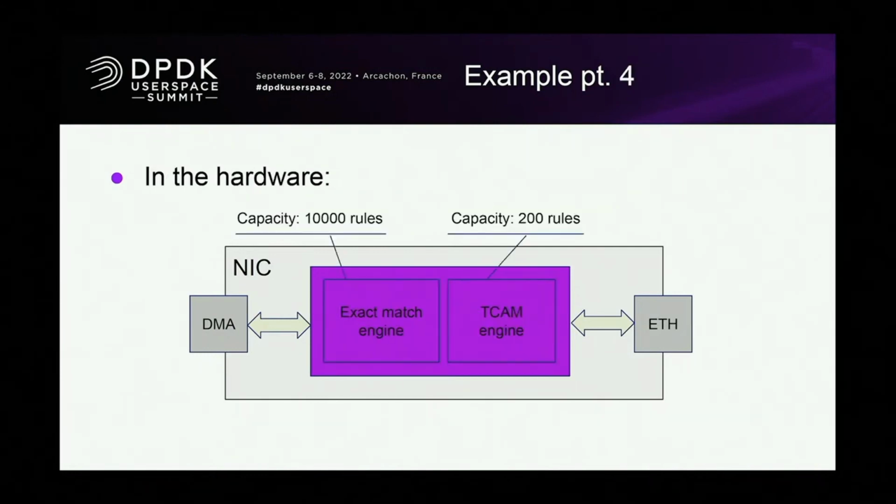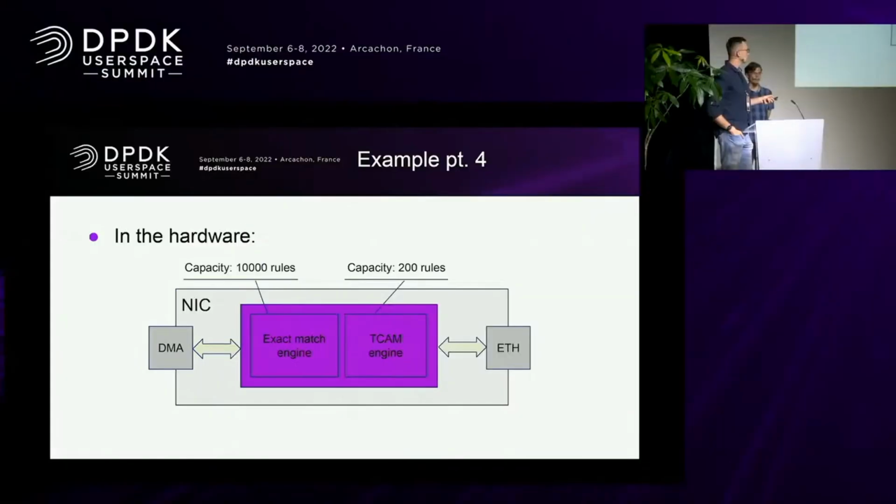The problem is in the hardware, because even though RTE Flow is a really generic API, the hardware is not that generic. In this example, the card is made up of two engines, and one engine is used for the rules with masks in the matching pattern, and that engine has a capacity of only 200 rules. So that's why there was the problem.